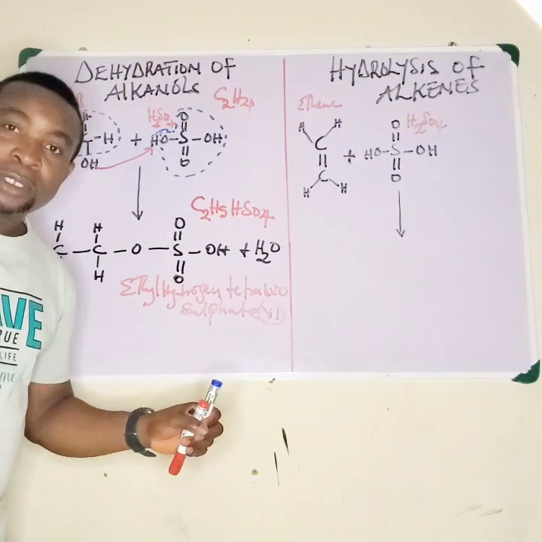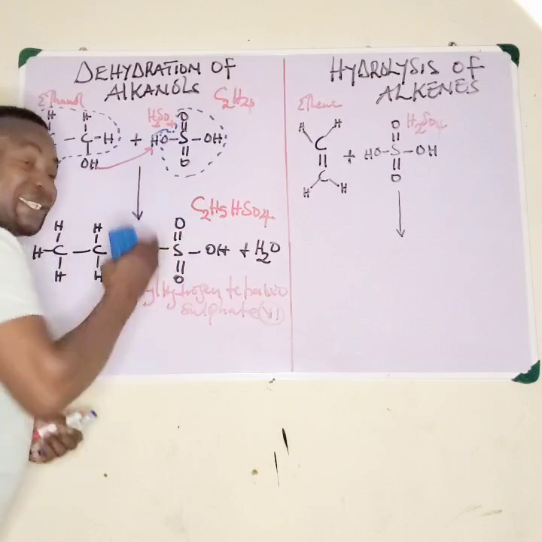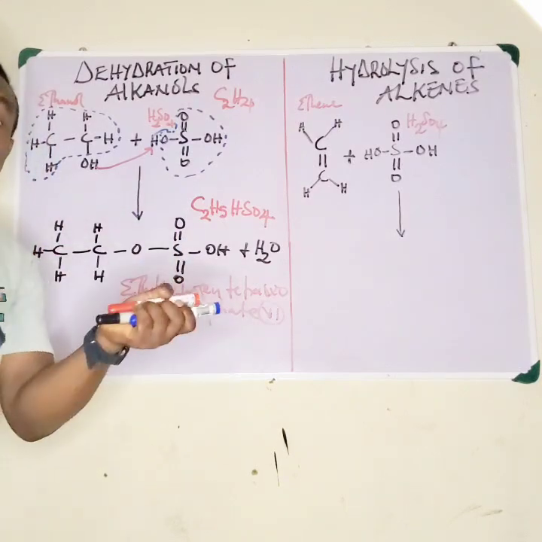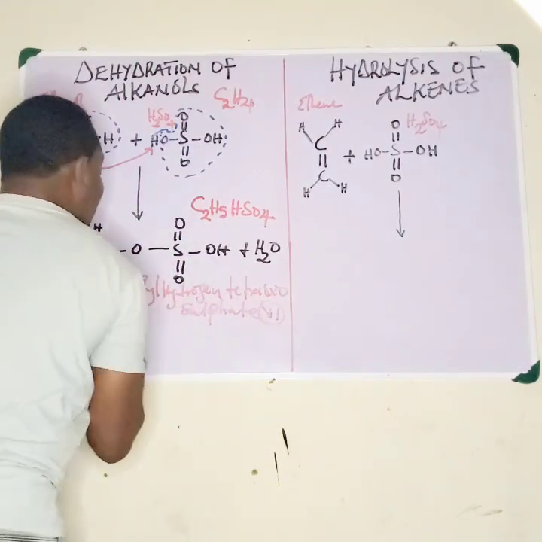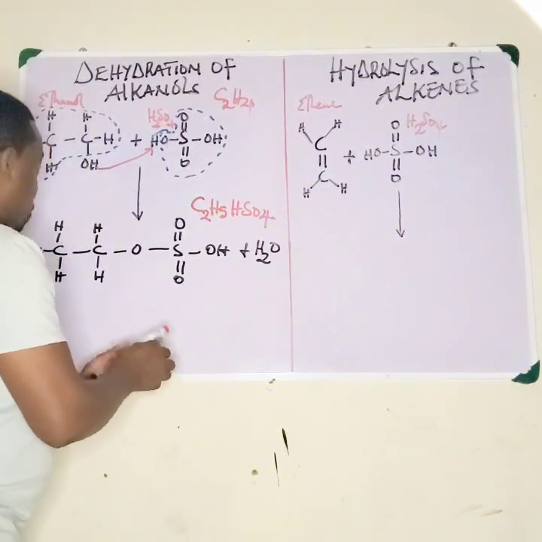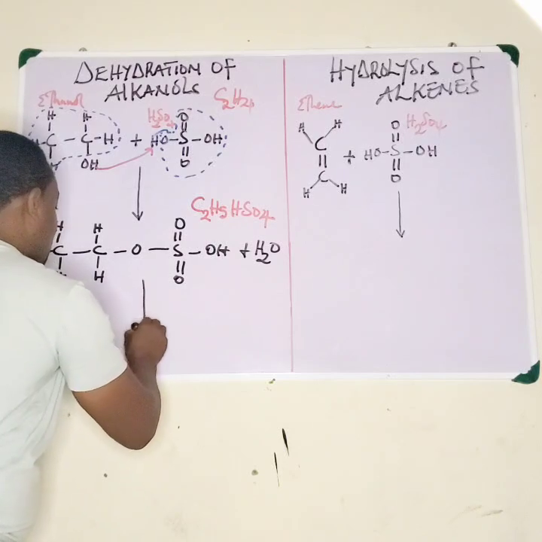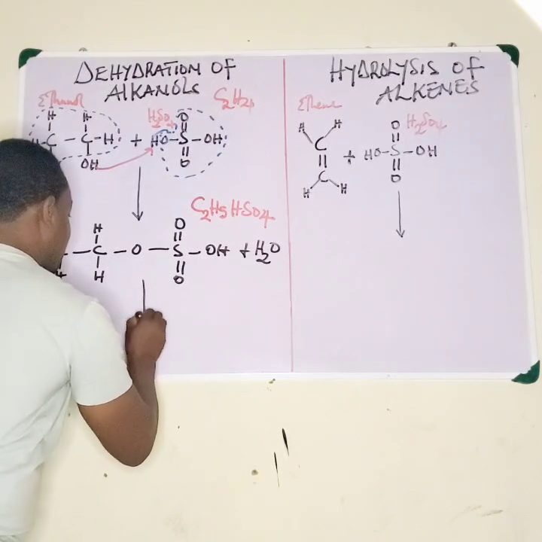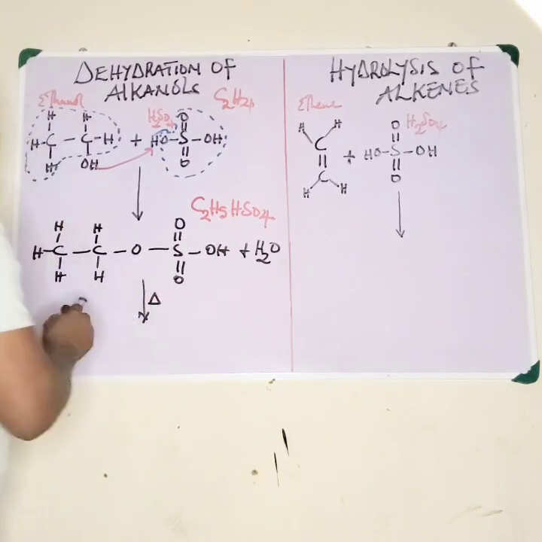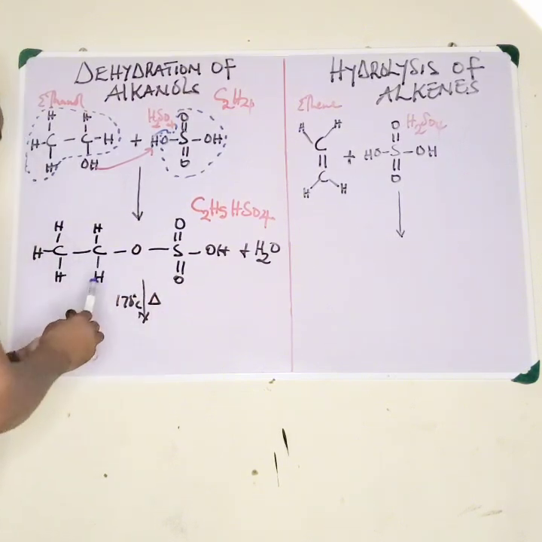Okay, this compound is subjected to decomposition. When I say decomposition, it means heating. When you heat this ethyl hydrogen tetraoxosulfate 6, when this is decomposed, let me shorten this. We are decomposing at 170 degrees Celsius.